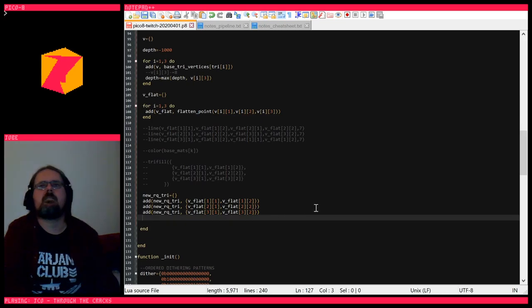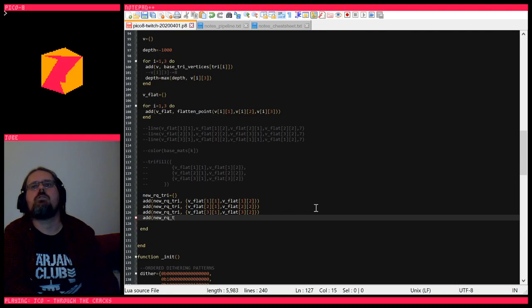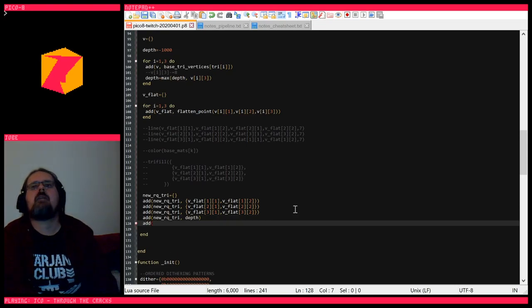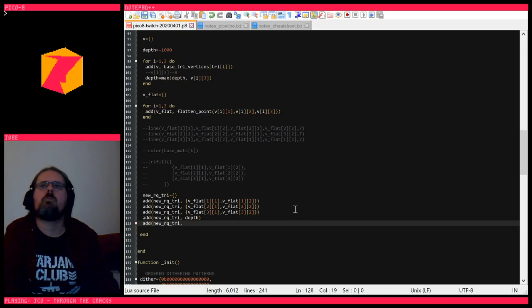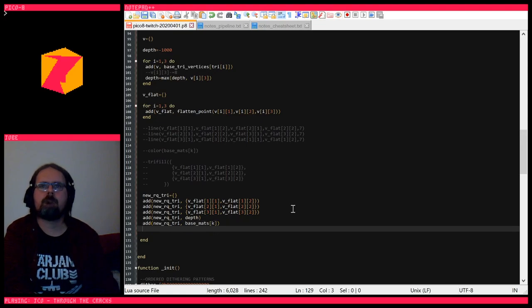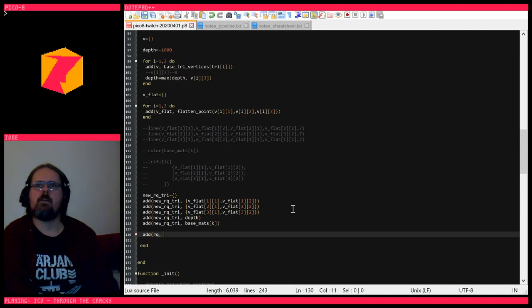So we're going to add this depth variable to our new triangle array. And finally, we're going to add the material to this new array. And now we have this array, we can add that to our render queue.